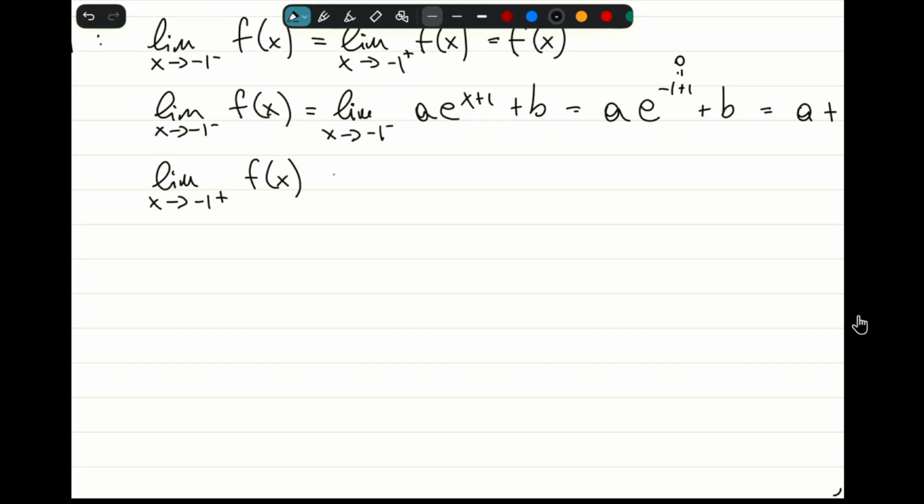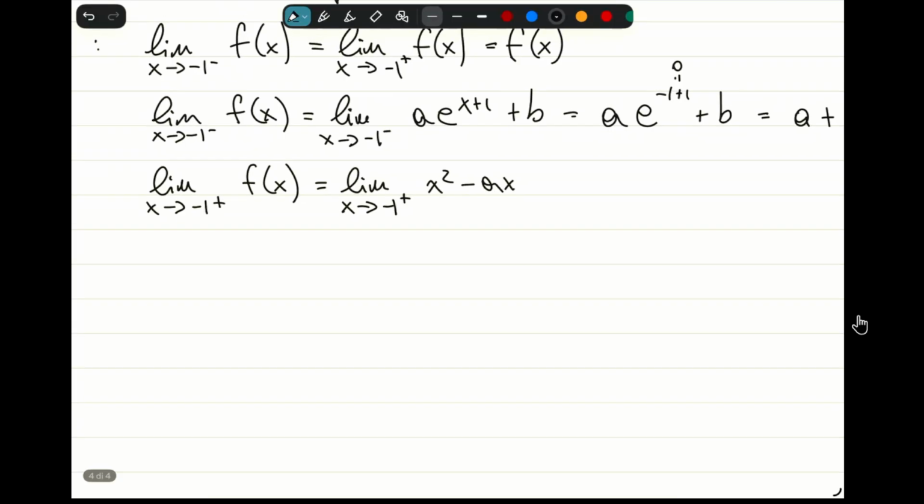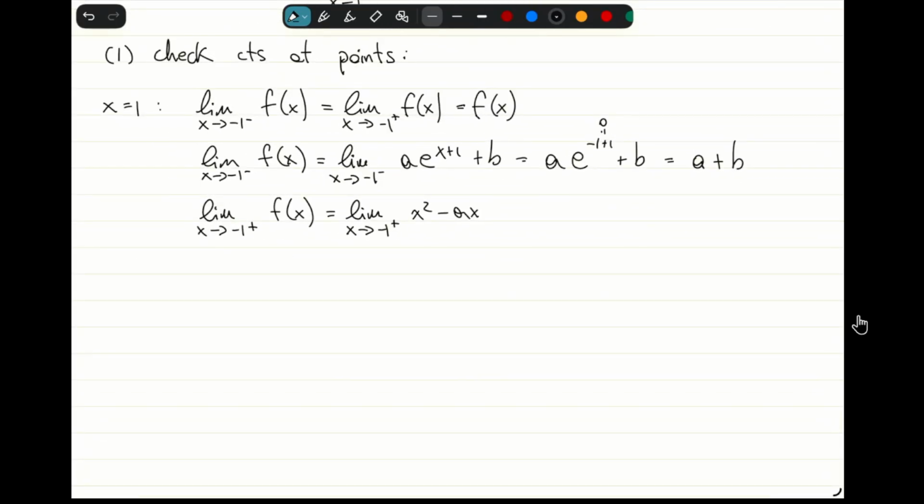Now you do the same, but you check the limit as x approaches -1 from the right, and on the right we have the function x squared minus ax, let me check, plus 3.